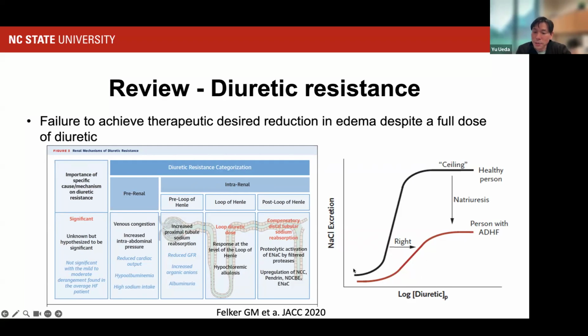The sodium and chloride excretion could be suppressed or decreased compared to a healthy person by receiving the same dose of furosemide. They might get decreased sodium chloride excretion because of that.